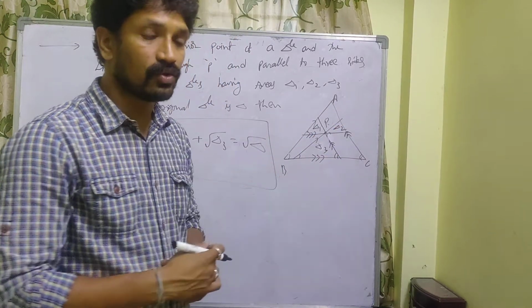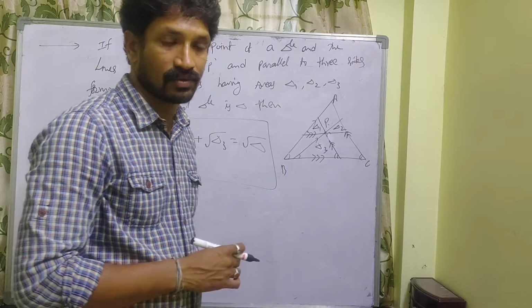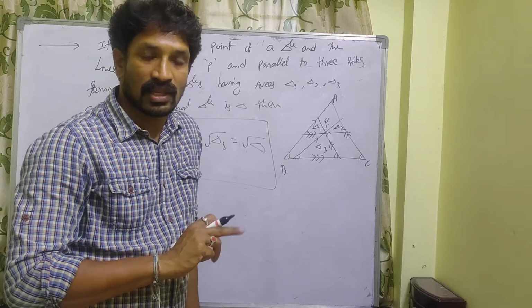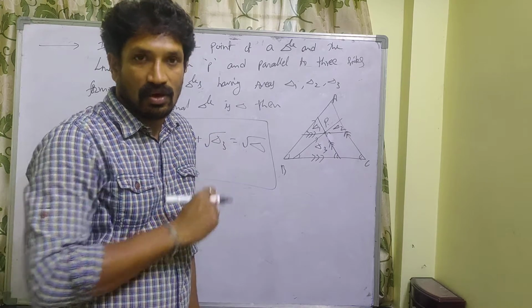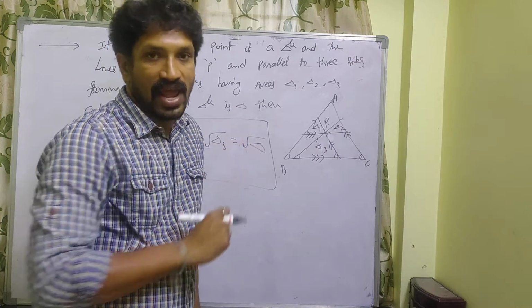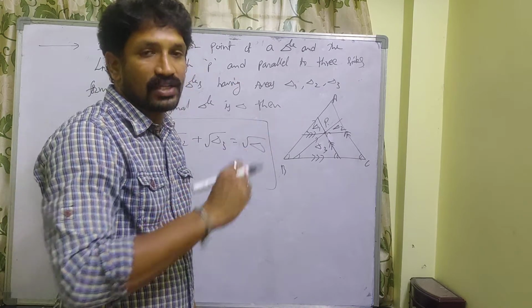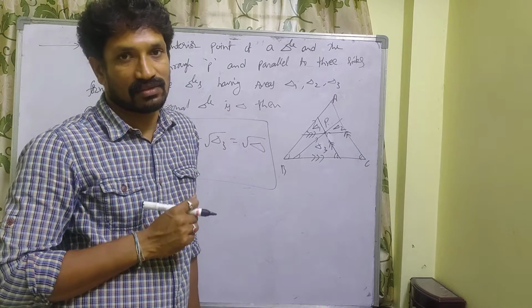Then we can use one formula from 9th class, I think, on similar triangles. What is that? If two triangles are similar, then the ratio of the areas of the two triangles is equal to the square of the ratio of the corresponding sides.